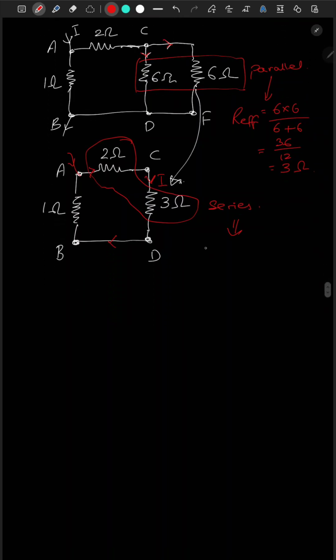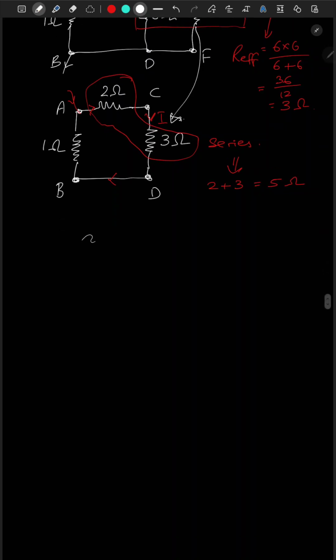So in series, it is 2 plus 3, which is 5 ohm. So this can be replaced as 5 ohm from A. So this is a 5 ohm, this is a 1 ohm, and this is B.